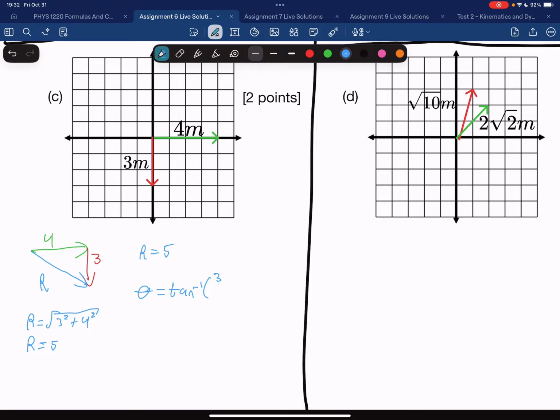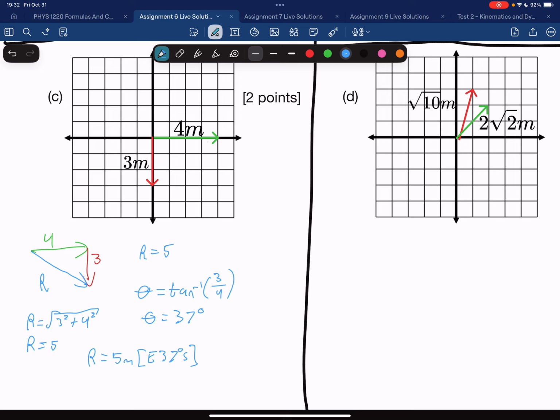So this is 3 over 4. So our inverse tangent of 3 over 4, theta equals about 37 degrees. I'm going to round that. So my resultant vector is 5 meters east, 37 degrees south.